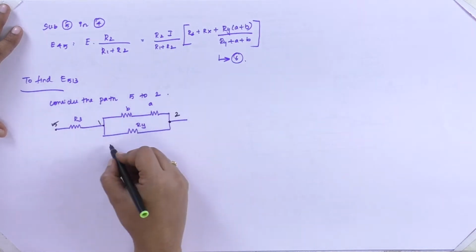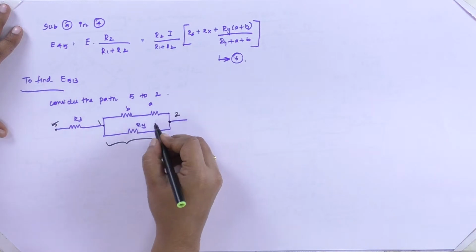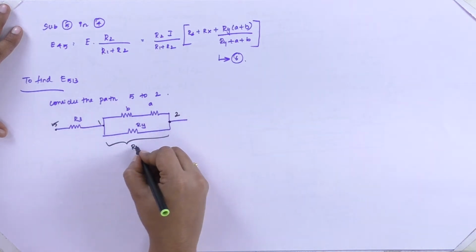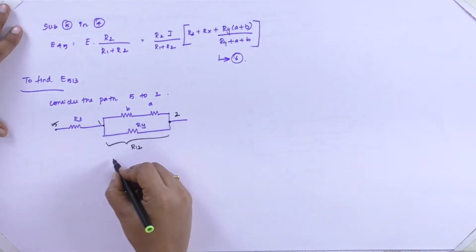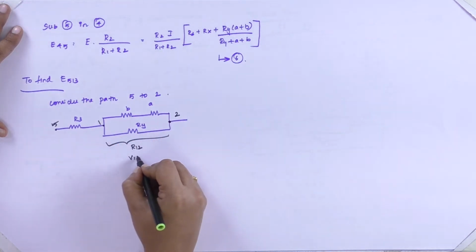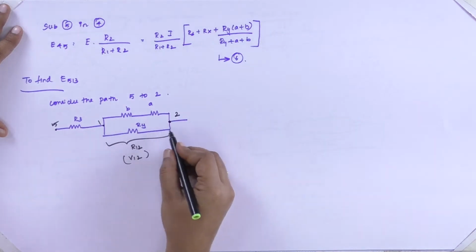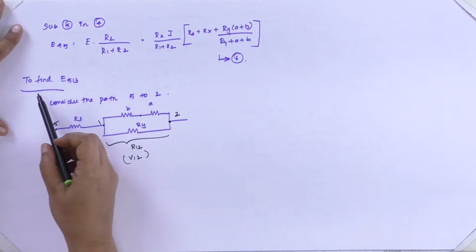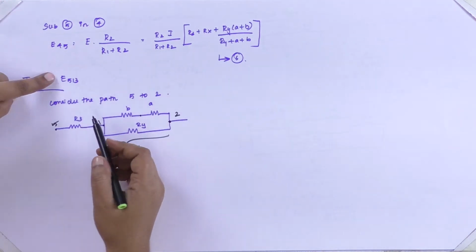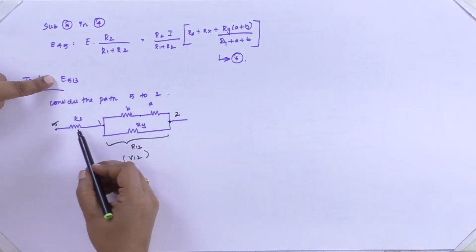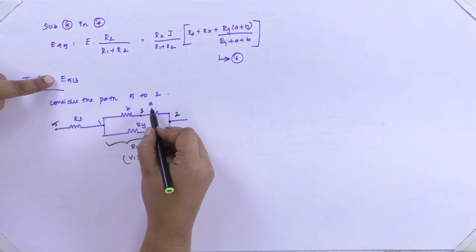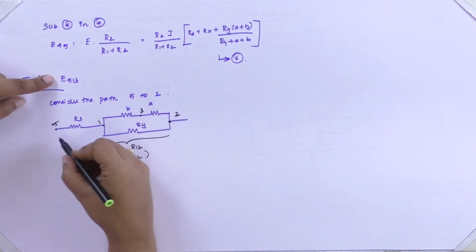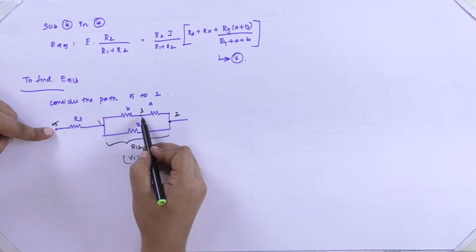I already have considered the equivalent resistance between 1 and 2 as R12. Now, I am going to take the voltage drop across nodes 1 and 2 as V12. In order to find E513, I need the potential difference from 5 to 3. So, 3 is nothing but the point between the resistances A and B.